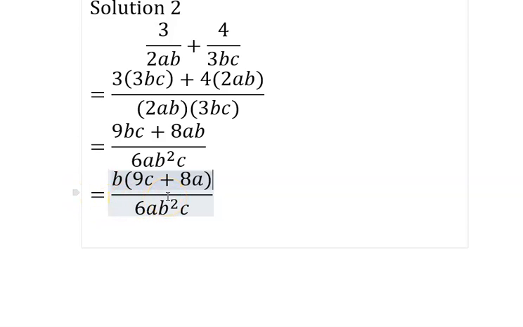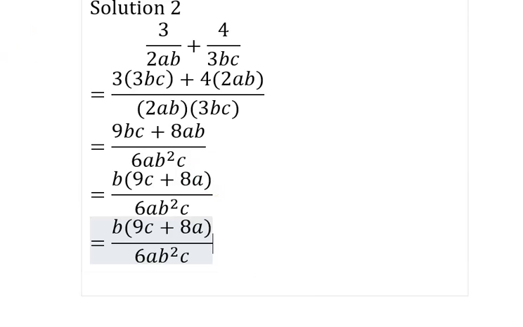Awesome. Can we leave our answer this way? Is there anything we can see? Okay. We have B up here, we have B down here. So that means you can still eliminate both B's. Beautiful. So this B can cancel out. You know we have 2 B's here, two of them, so you can cancel out 1.